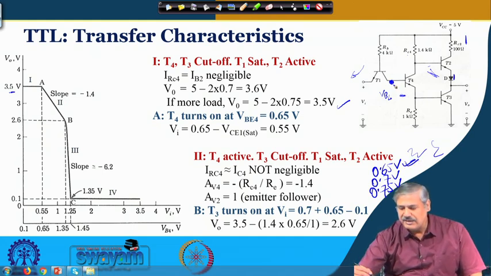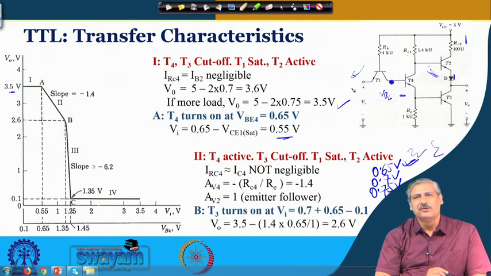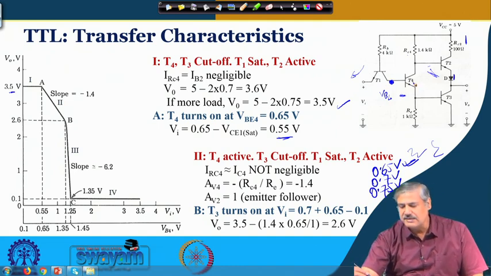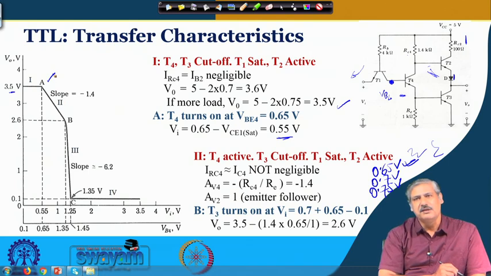At that time 0.65 volt, and this is the collector saturation drop, that is 0.1 volt. So, at 0.55 volt of Vi, we see that T4 just turns on. So, this is one breakpoint A over here that we see in the characteristics, clear.